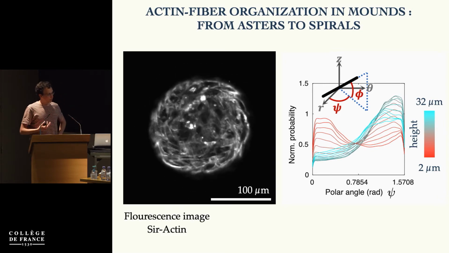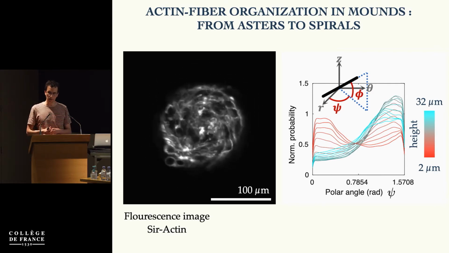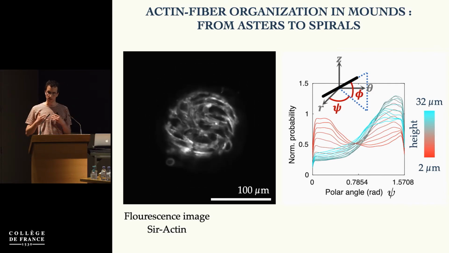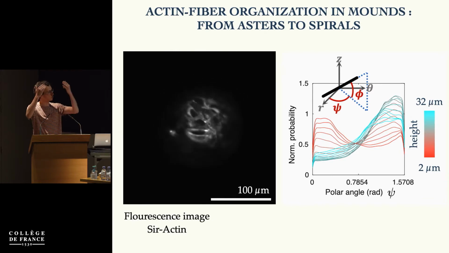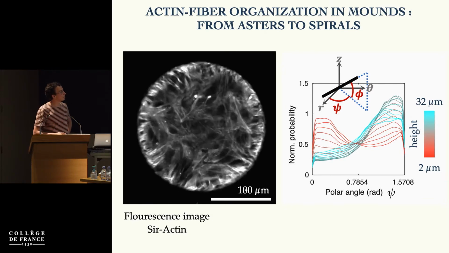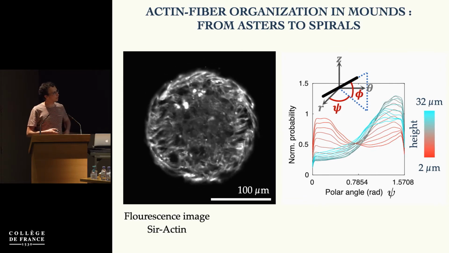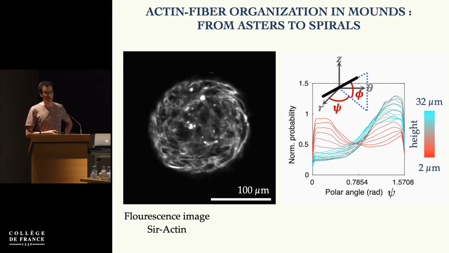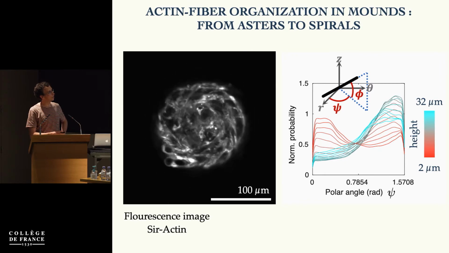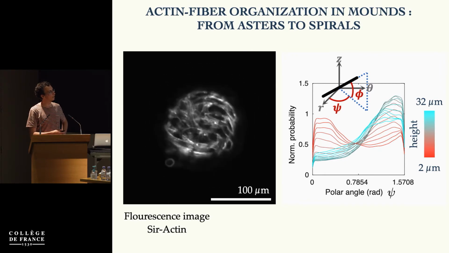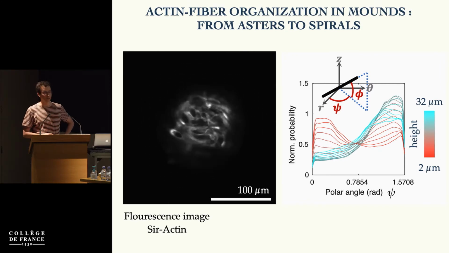And what you can see in this movie is that the actin organization changes as you go towards the top. And in fact, when we do a quantification by analyzing the orientation of the filament in 3 dimensions, here I'm showing you the distribution of the in-plane angle with respect to the radial direction.